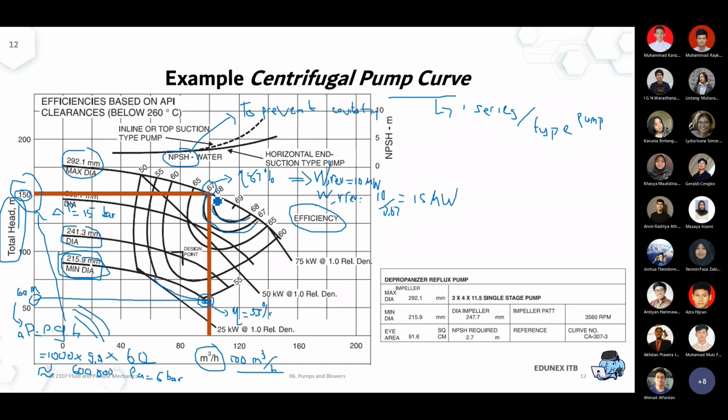Again, the same x-axis because you're still working with the same capacity, and then go to this one. That tells you that you have an available NPSH of 3 meters. This is the reference point when we go into the NPSH calculation, where you want to draw the line. You cannot work below this number, otherwise it will be very prone to vaporization and cavitation.